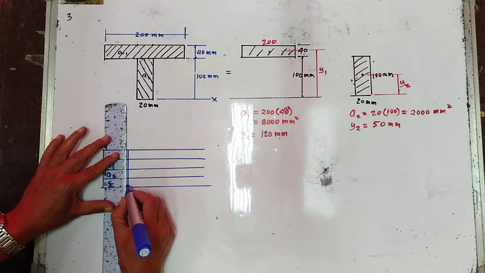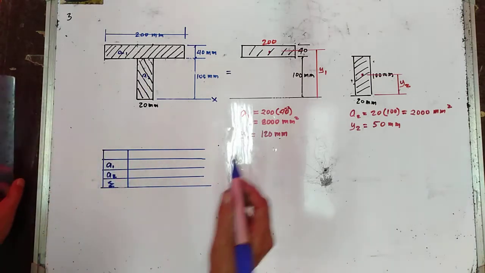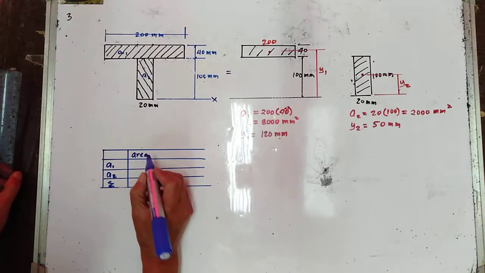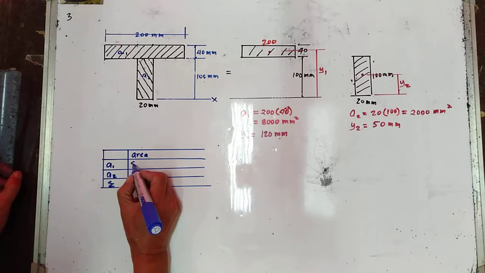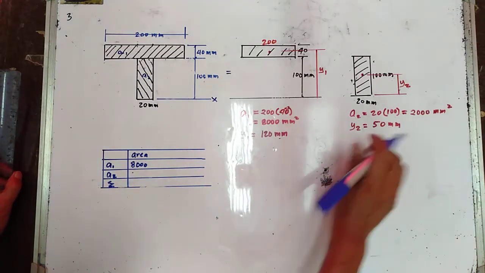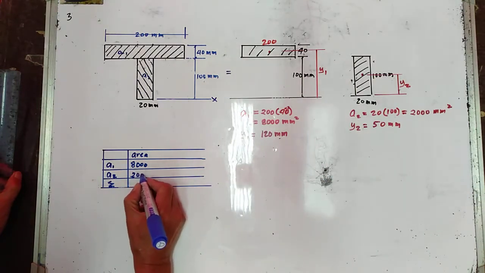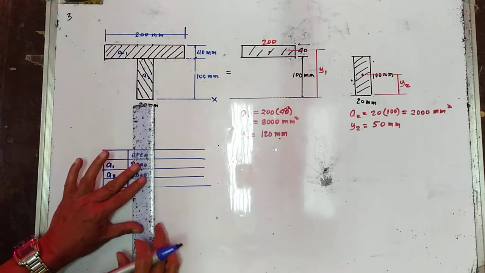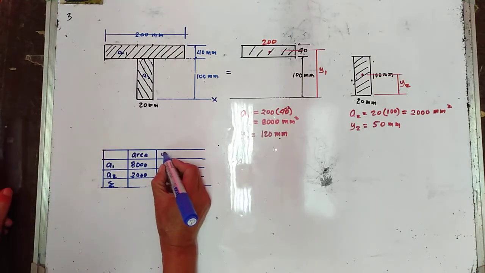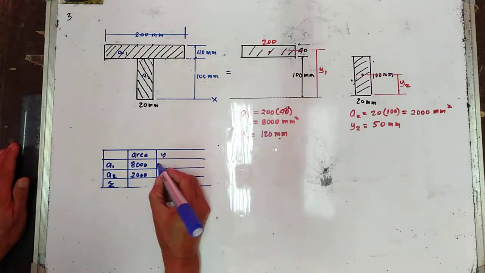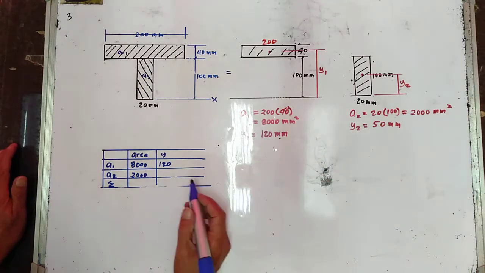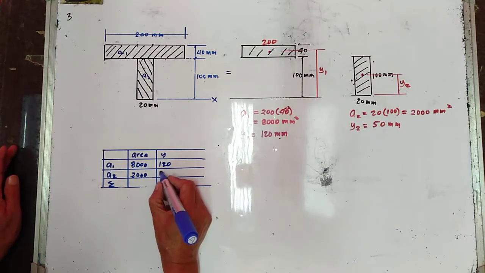For the area in square millimeter, the first is 8,000 and the other one is 2,000. Next, we now have your y. For the first area, this is 120 millimeter. And for the second area, it is equal to 50 millimeter.